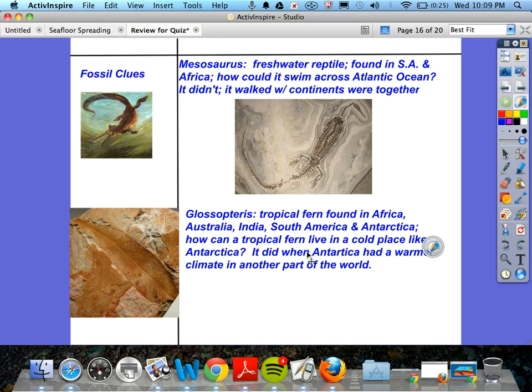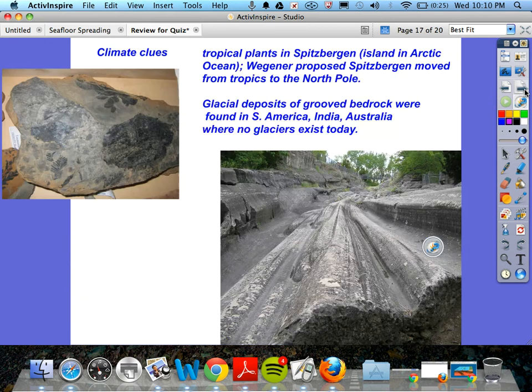And how could a tropical fern live in such a cold place like Antarctica? Wegener proposed that this fossil formed when Antarctica was in a different climate in a warmer part of the world, back when Pangaea was together and the continents were in a different location.